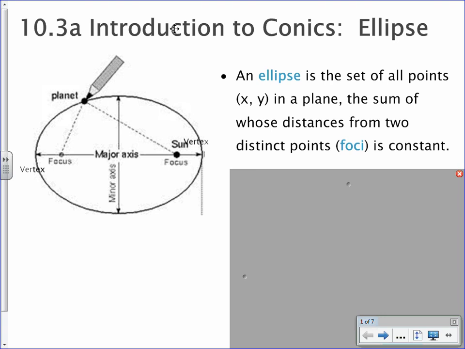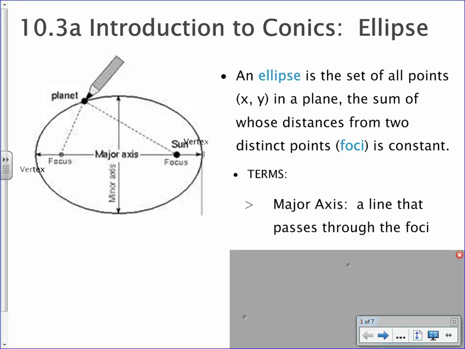Okay, let's talk about the major and minor axis. The major axis is the line that passes through the foci. This will be where your ellipse is longer. Your ellipse is always going to be squished.